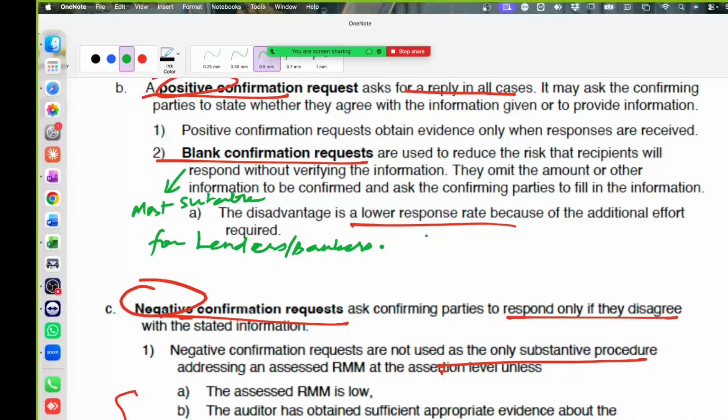The bank will print everything: various account balances, deposit balances, bank guarantee, letter of credit, everything included against that customer ID. For such cases, yes, blank confirmation is good.